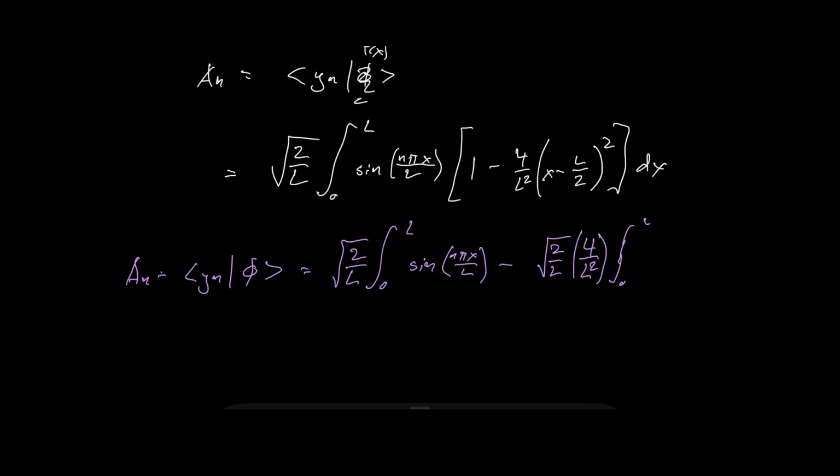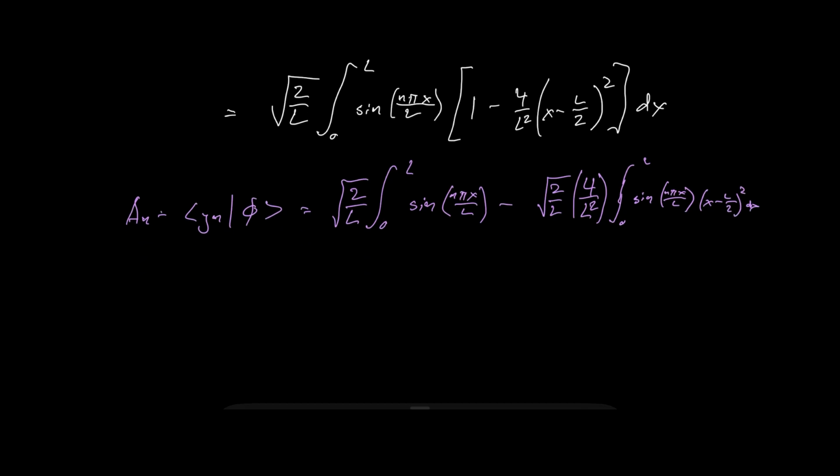Then we have our sine term, sine of n pi x over L times x minus L over 2 squared dx. Alright, so we got these two integrals here, and our first one, we're going to label this one 1. Okay, and then this one's going to be 2.